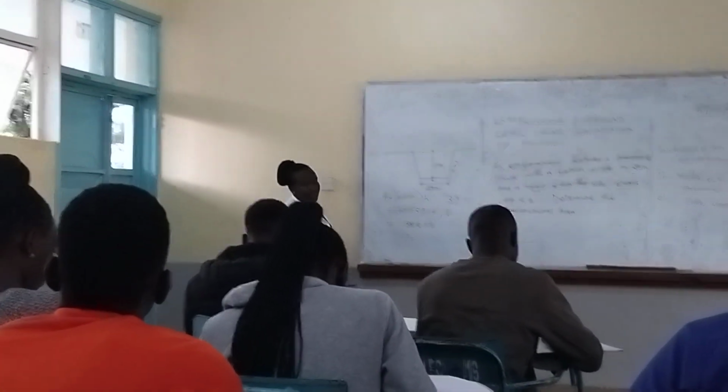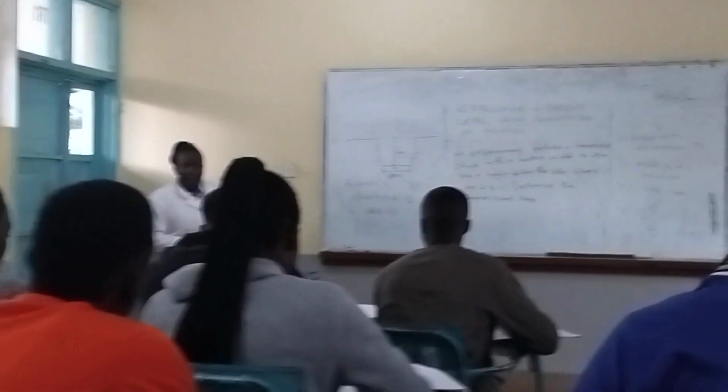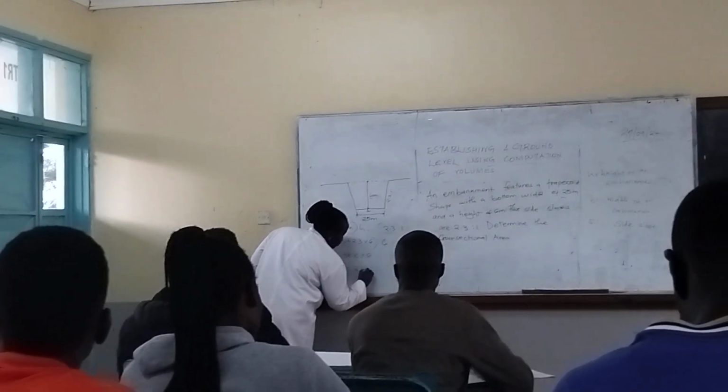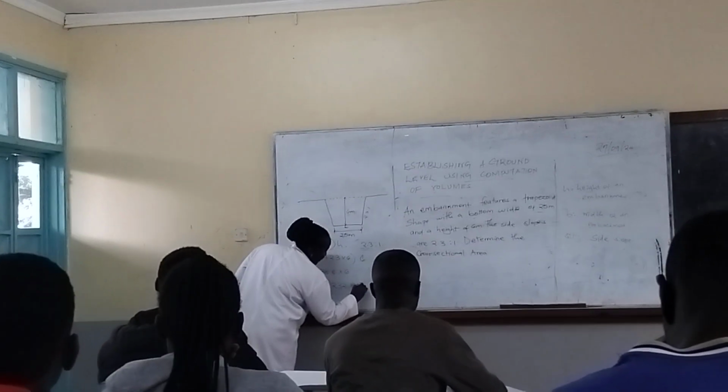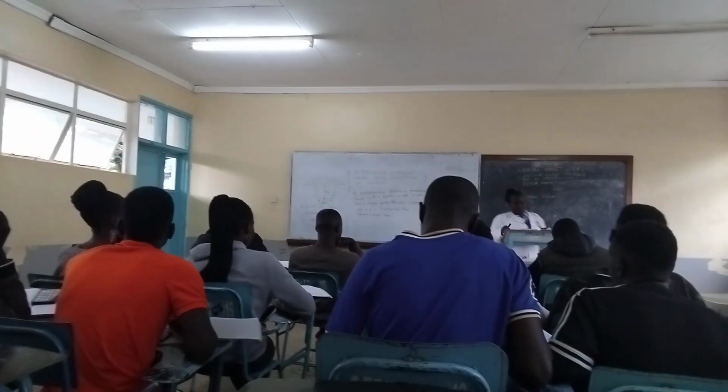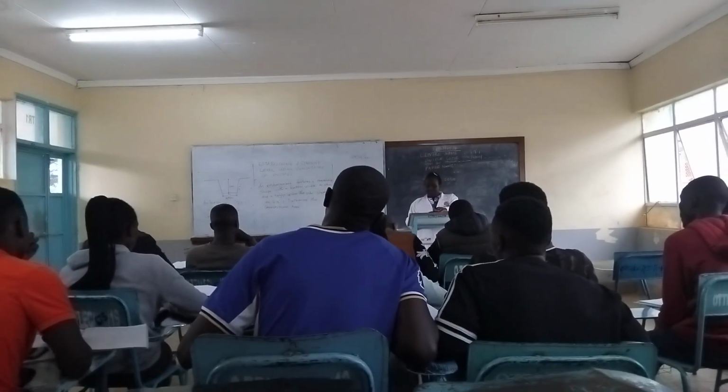What do we get? Yes? 232.8 meters square. This is now our cross-sectional area for our embankment that featured the trapezoidal shape. Are we together to that point?